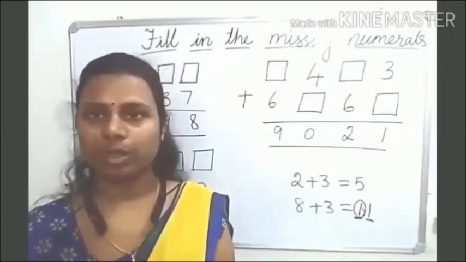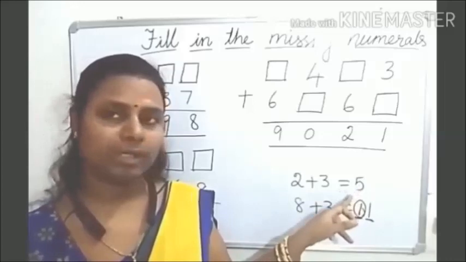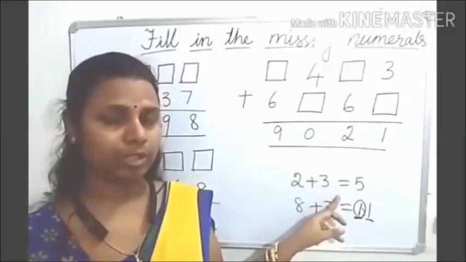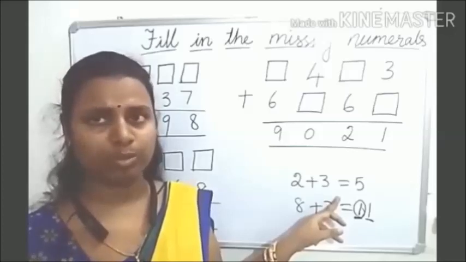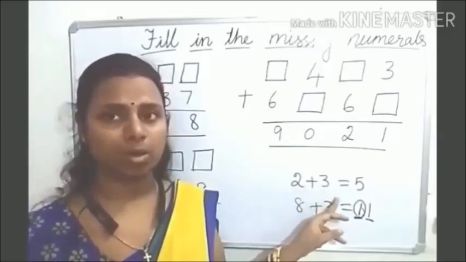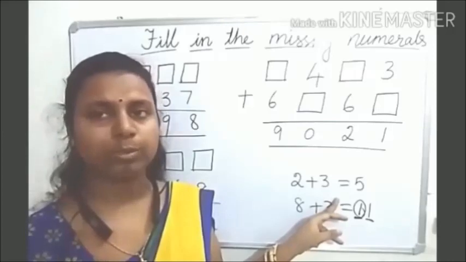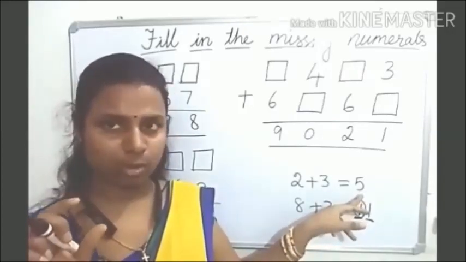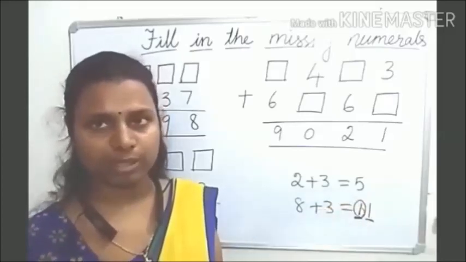These 2 things you have to remember. One is, when we take 2 or more numbers for addition, those numbers are called addends. And what we are getting is the total, or sum.